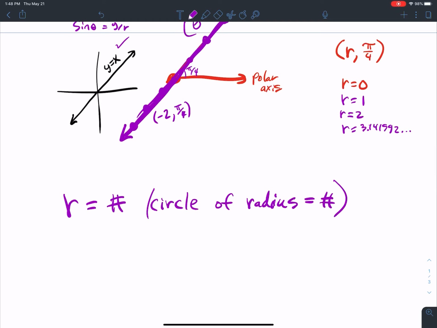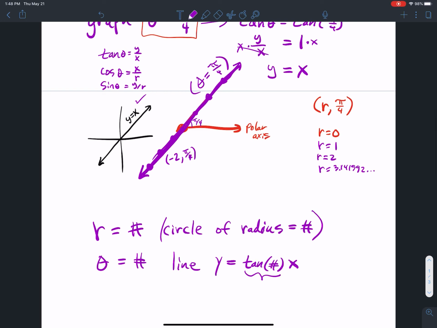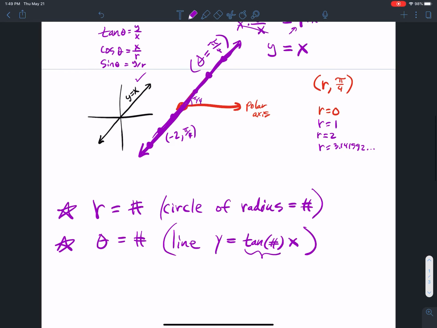And theta equal to some number is a line, y equal to, actually I guess it would be the tangent of that number times x. For the problem we just did, the tangent of that number was 1, and that's why it was y equal to x. So those are kind of your general cases.